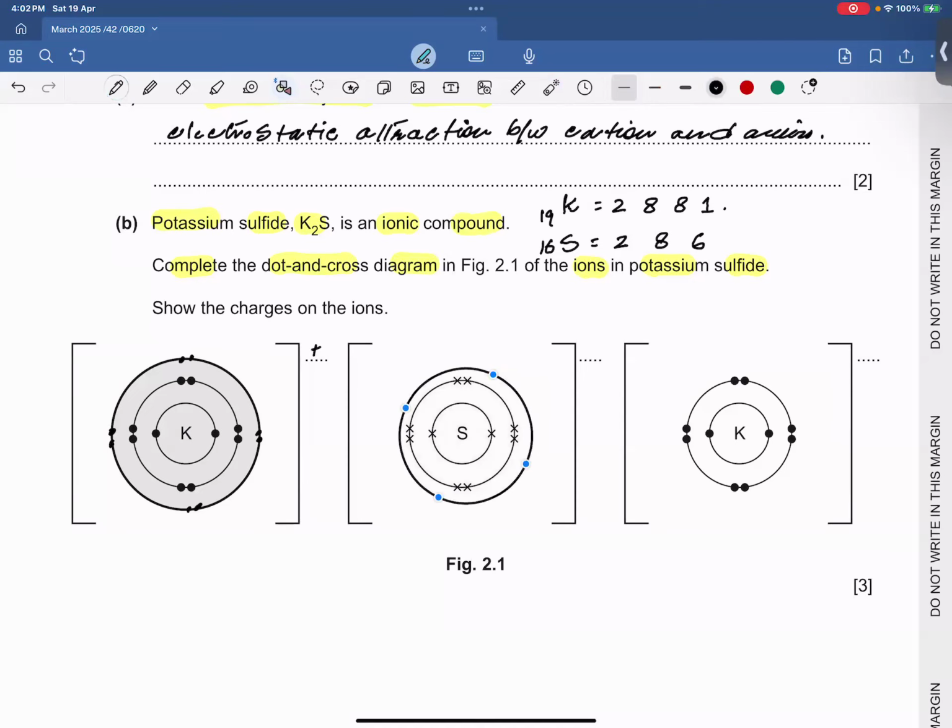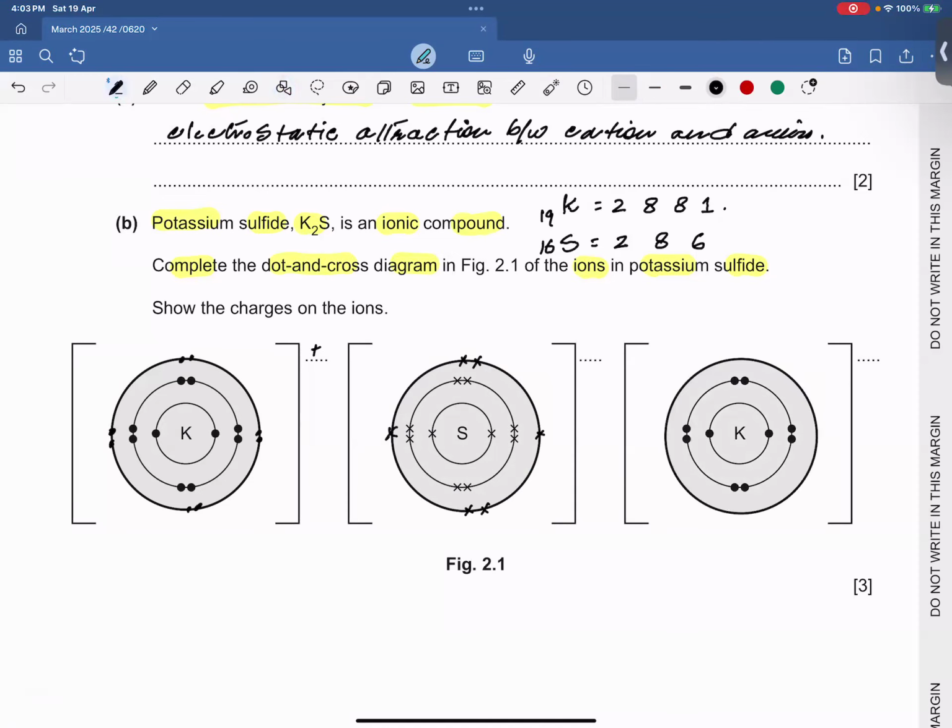Now this shell has 6 electrons. 1, 2, 3, 4, 5, and this one is 6. Okay. Now potassium contains 8 electrons in the third shell. 2, 4, 6, and this one is 8.